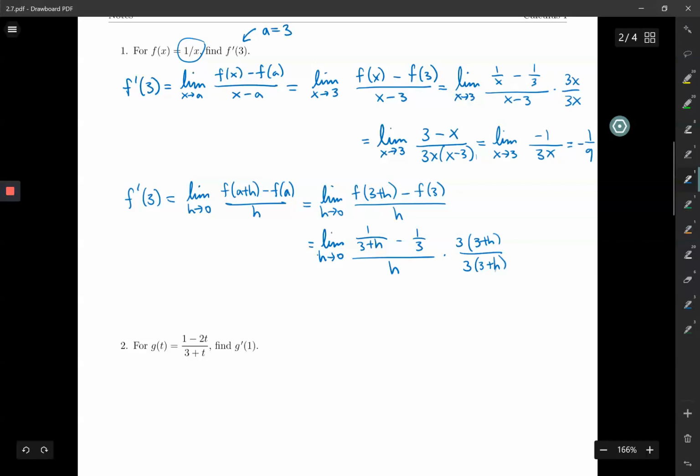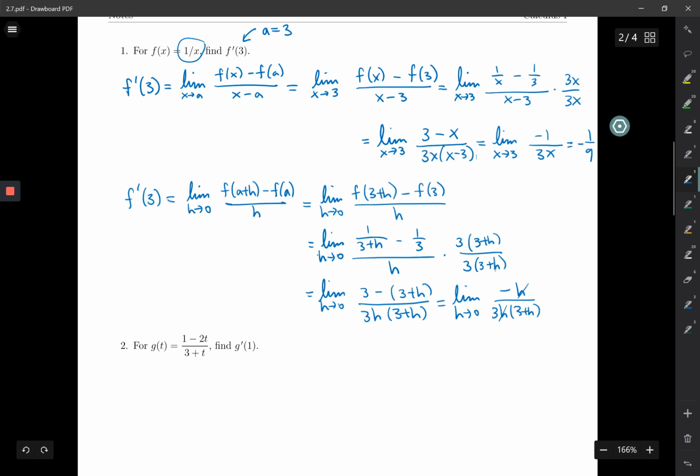Okay, so if we go ahead and do that, we'll get 3 minus 3 plus h, make sure to keep the parentheses on that, and then we get 3h, 3 plus h. Okay, and then those 3's will cancel, we'll get negative h in the numerator, 3h, 3 plus h.